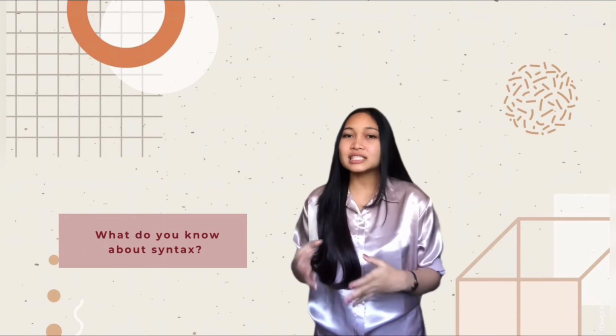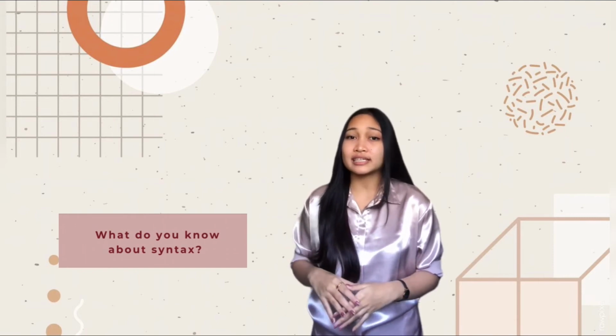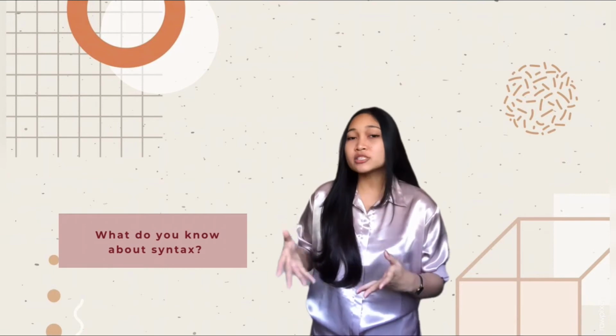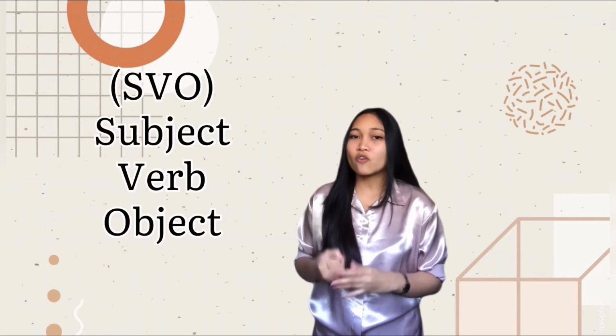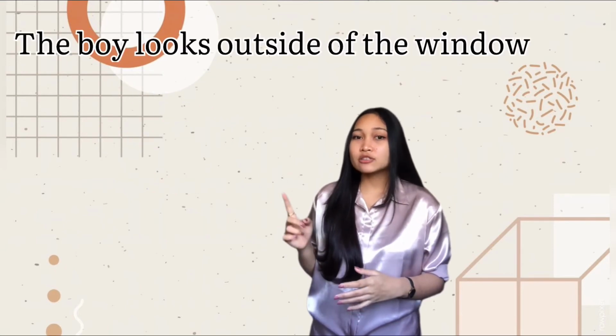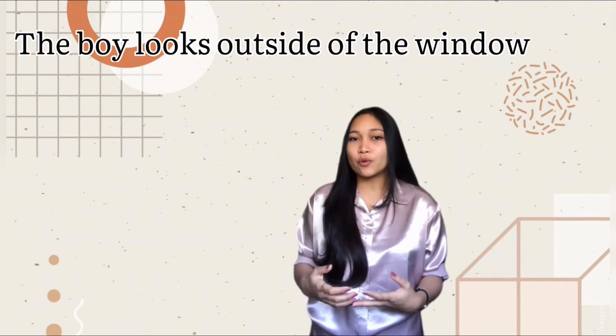In the English language, there is no word order that is set in stone for most types of sentences. Of course, there are always exceptions, but most of the time, standard English sentences will follow a few word orders. There is subject, verb, and of course, object, as in, the boy looks outside of the window.